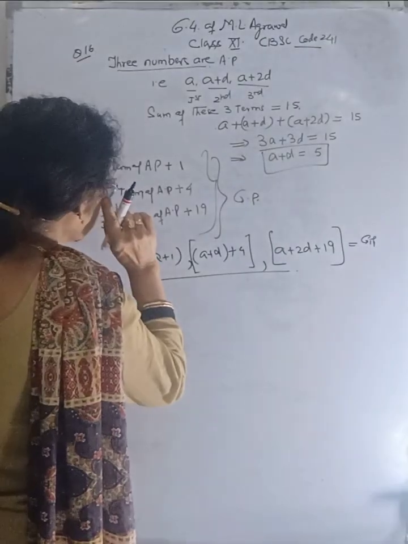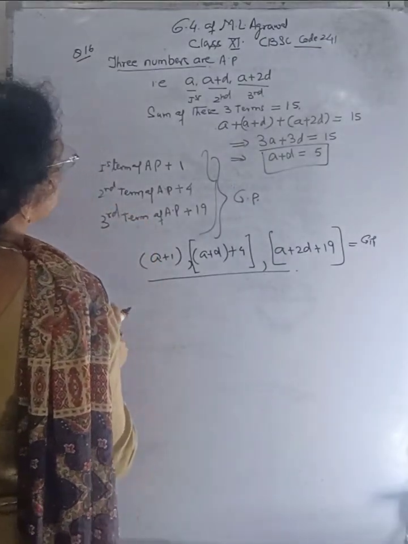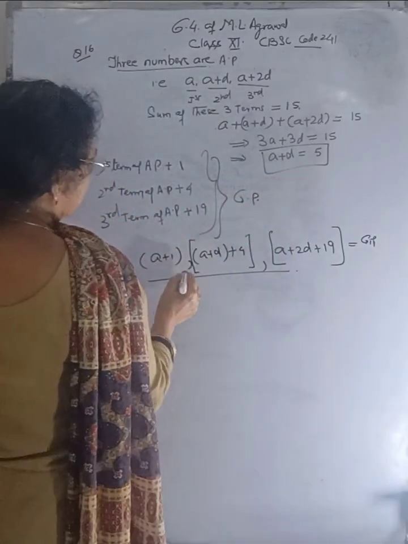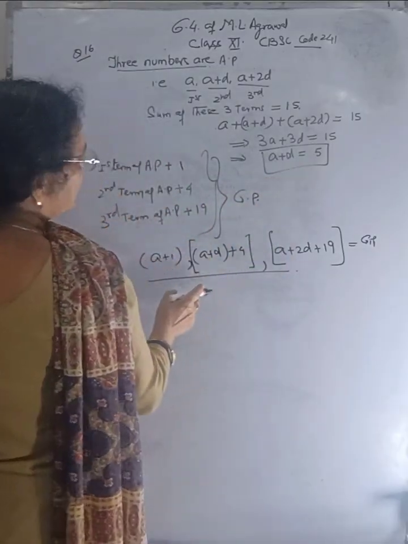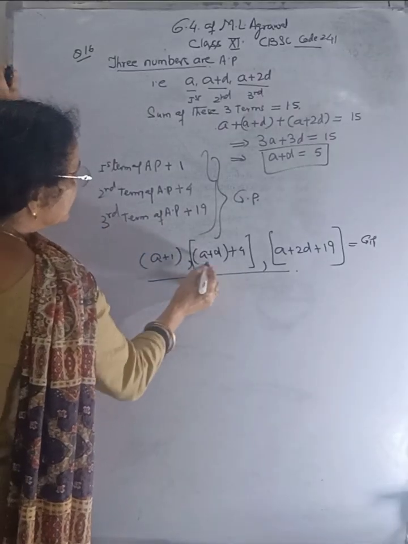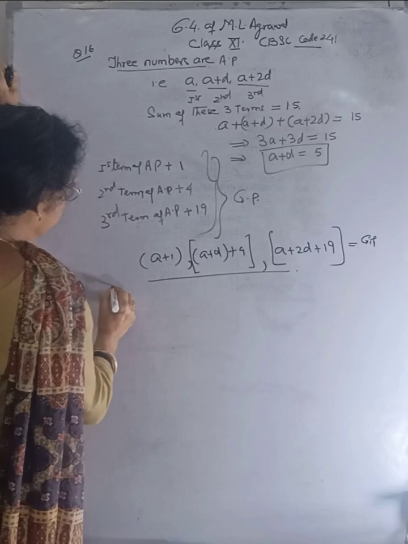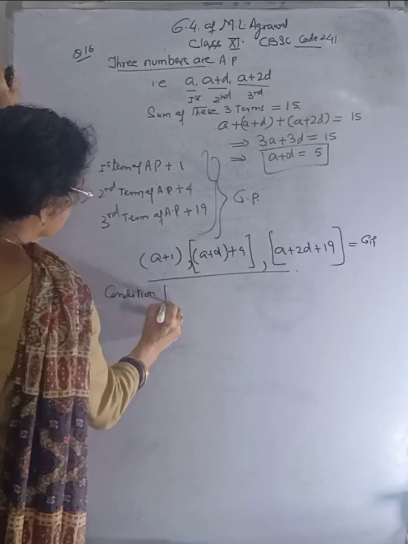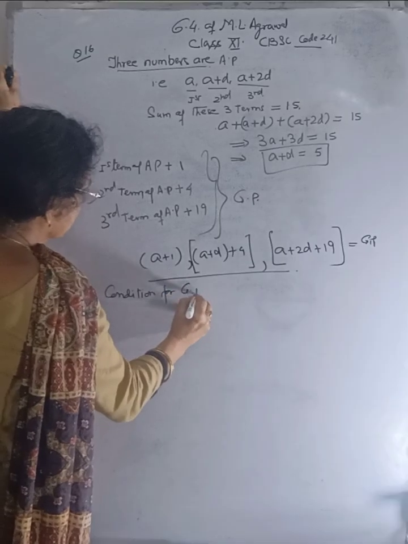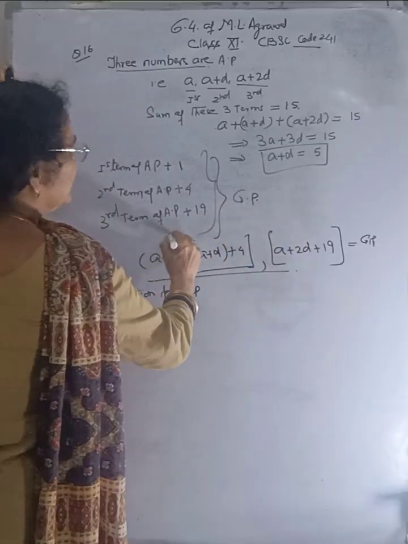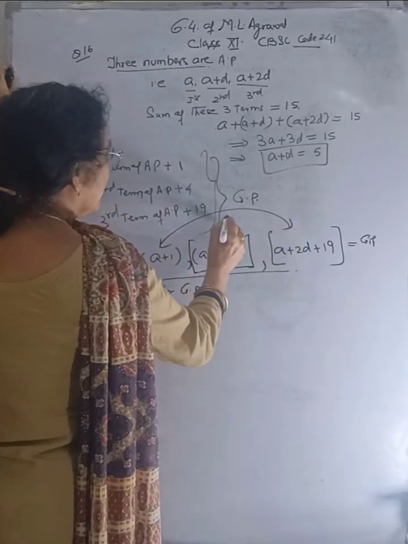How? Good question. A plus D is equal to 5 is given to us. What is the condition for GP? The square of the middle term will be the product of the other two.